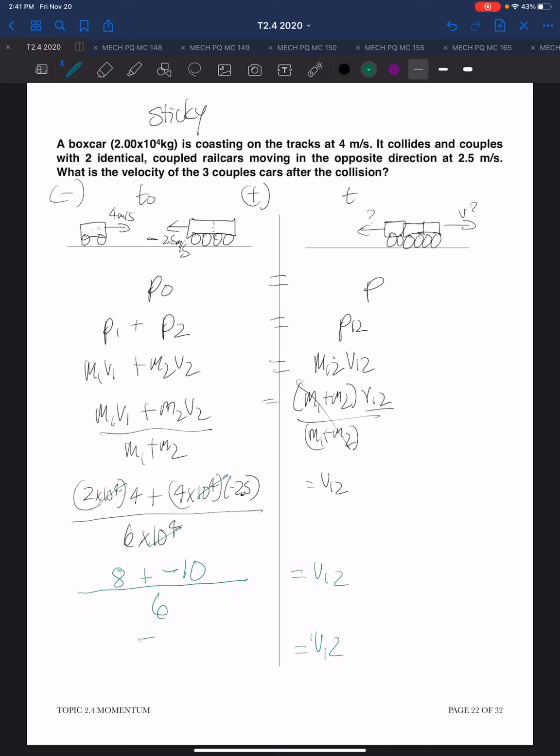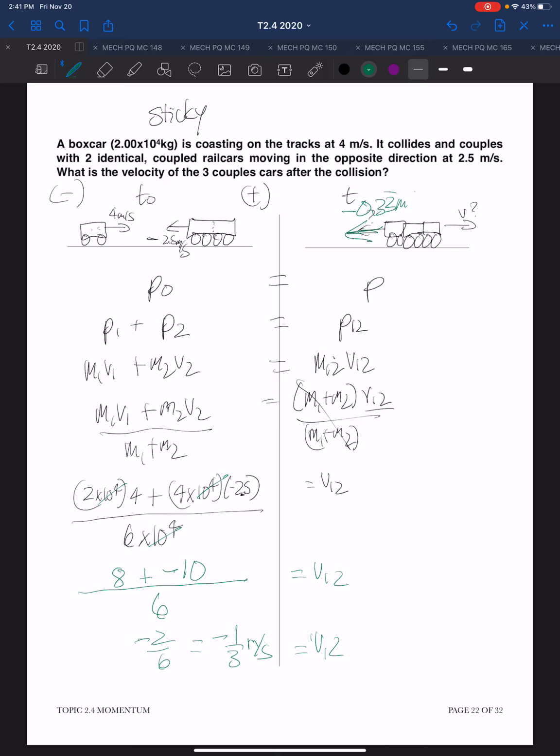And that is going to be minus 2 over 6, or minus 1/3 meters per second. And notice it's a negative, so that means the whole thing will be moving to the left at minus 0.33, repeating, meters per second.